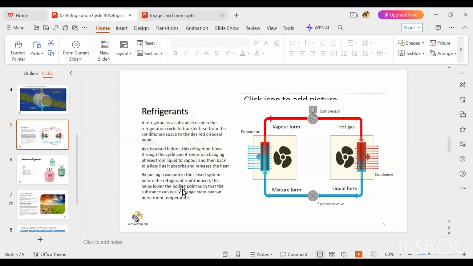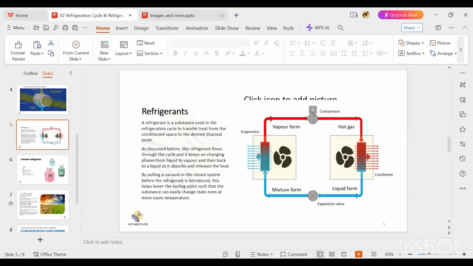When you're installing these systems, you will have to pull a vacuum such that there is nothing in the lines, the tubes, the coils, and everything in that closed system. There is no air, there is no water, there is nothing. It is a vacuum, total vacuum.